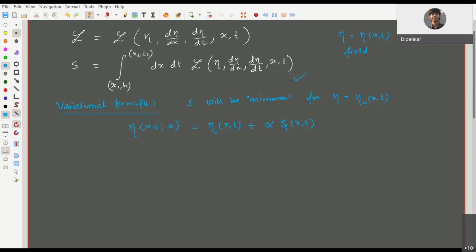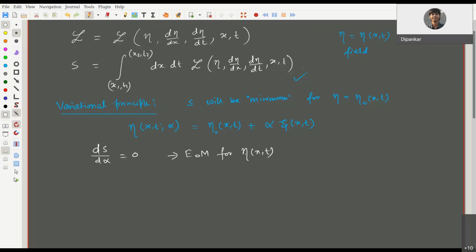Now I can demand that dS d alpha should be equal to 0, and from that I can find out what kind of equation this eta should satisfy. This should give me the equation of motion for eta of x, t.